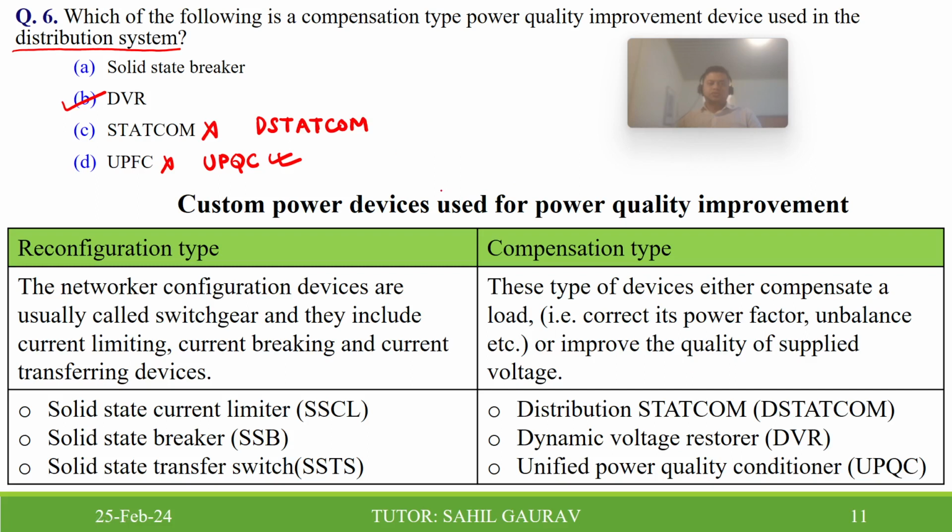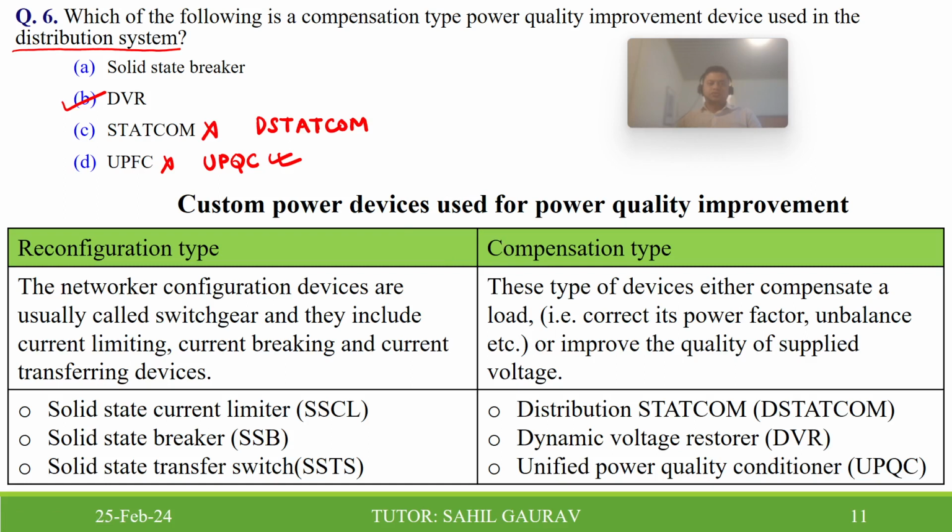The dynamic voltage restorer is used for voltage compensation, and DStatCom is used for current compensation. DStatCom is used in parallel, and DVR is used in series connection.